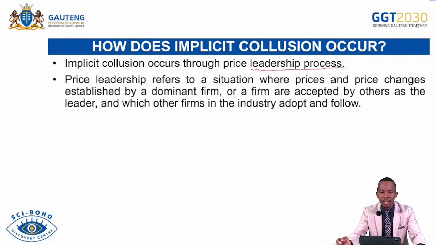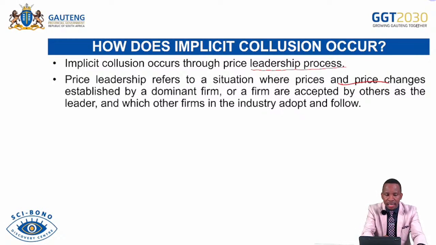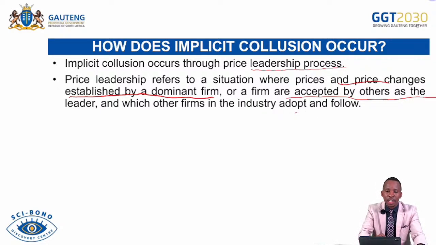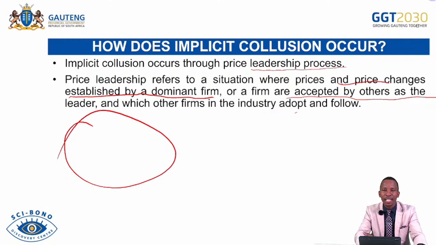Price leadership refers to a situation where prices and price changes established by a dominant firm are accepted by others as the leader, and other firms in the industry adopt and follow them. So in this case, there is one firm that will be setting the price and all those changes in the price.